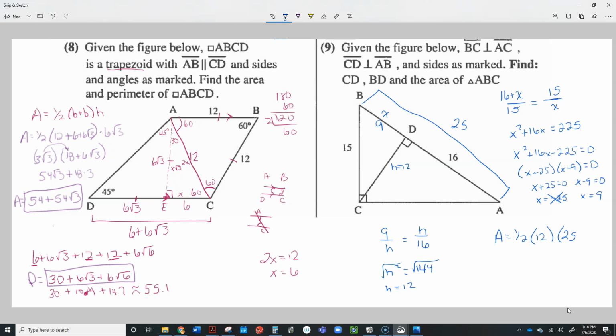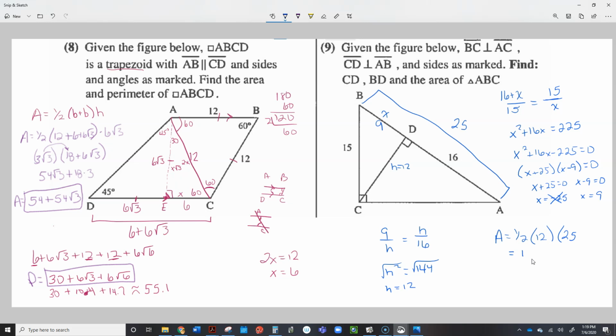So 1/2 times 12 times 25 is going to be 125. I don't know, I don't trust my mental math. I'm trying to see how much money I have if I have 6 quarters. No, it should be 150, I believe. I'm going to make sure. Yeah, it should be 150.